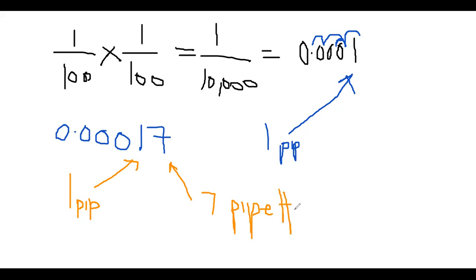So if you have 1 pip and 7 pipettes, you have no business with the pipette. The people that usually have business with that pipette are the brokers. I repeat, you don't have any business with that pipette. Are you with me? The brokers are usually the ones in charge of it.